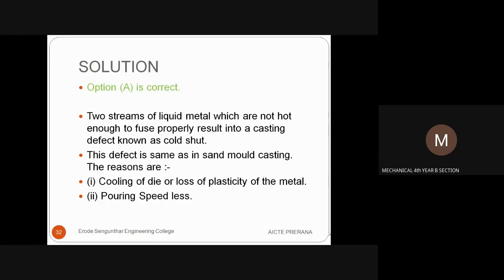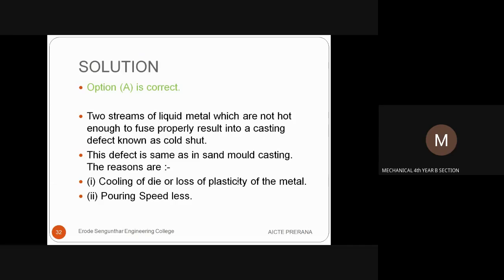The possible causes of this defect may be these two points: cooling of the die or loss of plasticity of the heat of the metal. Loss of plasticity means the metal is no longer in a plastic state. It has lost its plastic state, and it has attained its solid state. If it is in a plastic state, the fusion will be in a much better way.